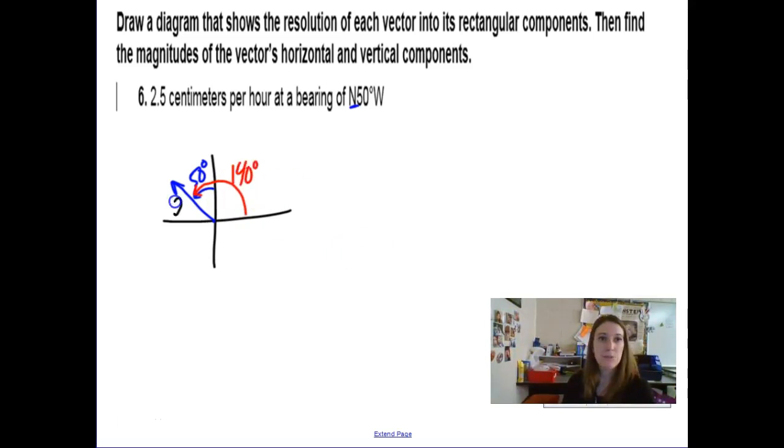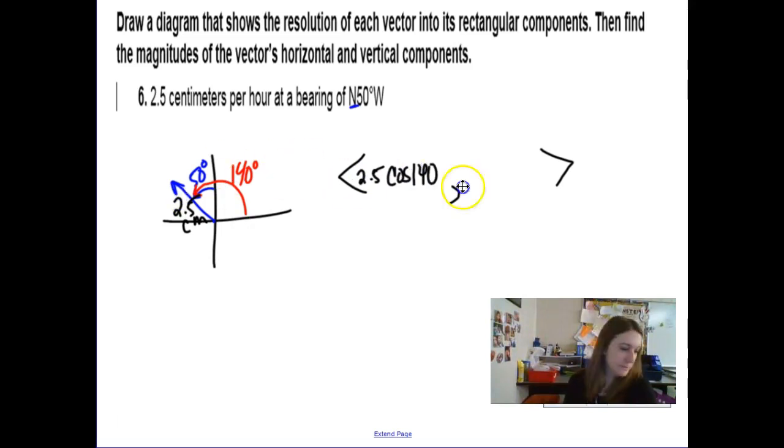So the magnitude is 2.5 centimeters. Sorry for the loud bell if you can hear that. And my vector components are going to be 2.5 times the cosine of the entire angle of 140. And, oh, you know what? Scratch this. Apparently this question has changed.